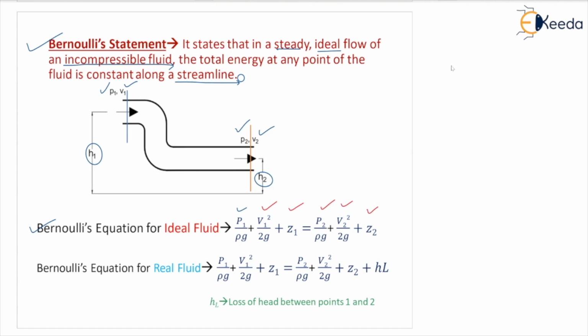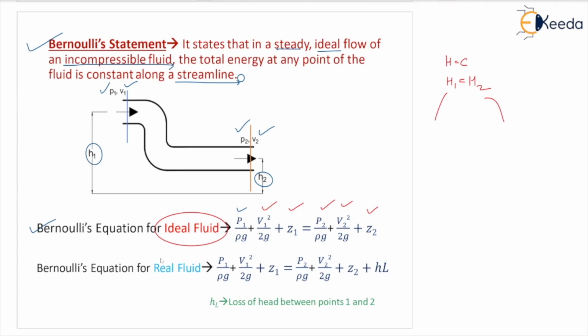As per Bernoulli's equation, energy conservation principle, total energy, or you can write H, hydrodynamic head, H is equal to constant along the streamline, or H1 equal to H2. From this we have expanded to these two equations, P1 by rho g on one side and P2 by rho g on the other side. This is for the ideal fluid, very important.